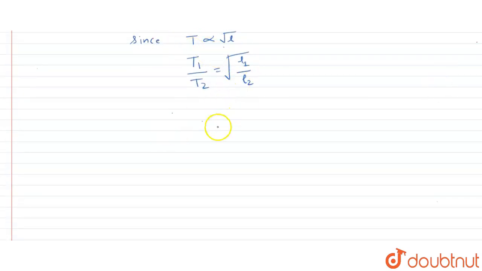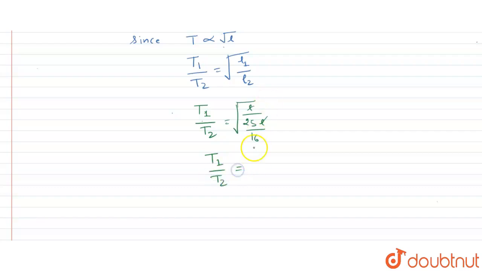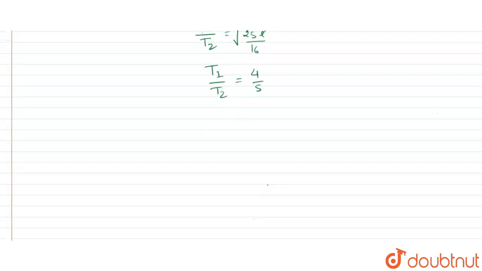If we put in their values, T1 over T2 is root of L over 25 L over 16. This will get cancelled out, and we can see very easily that T1 upon T2 is 4 by 5. So this is the ratio of the time periods.